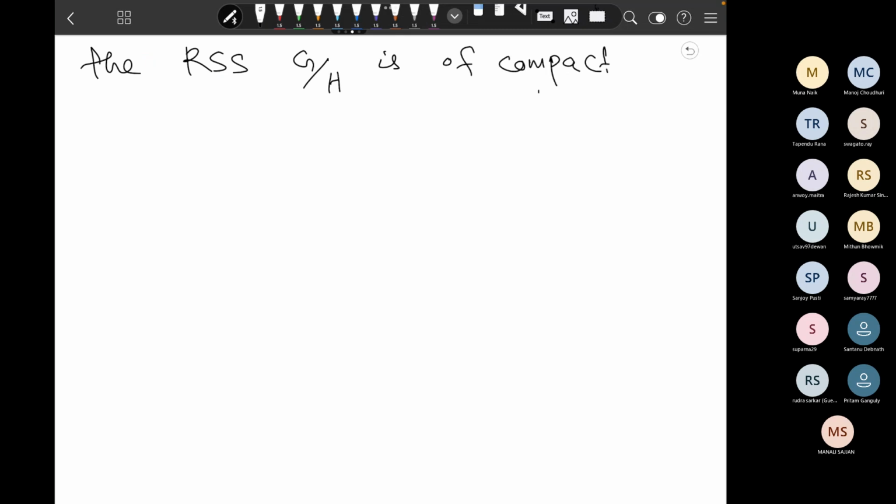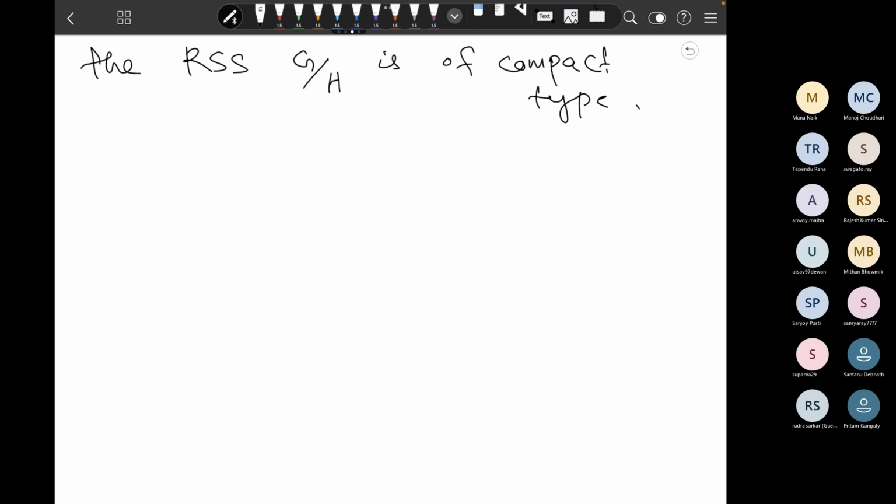Tapendra, is it clear? Yes, Honorable. So Muna, these symmetric spaces of Euclidean type always have curvature 0, right? Sectional curvature. Yes.